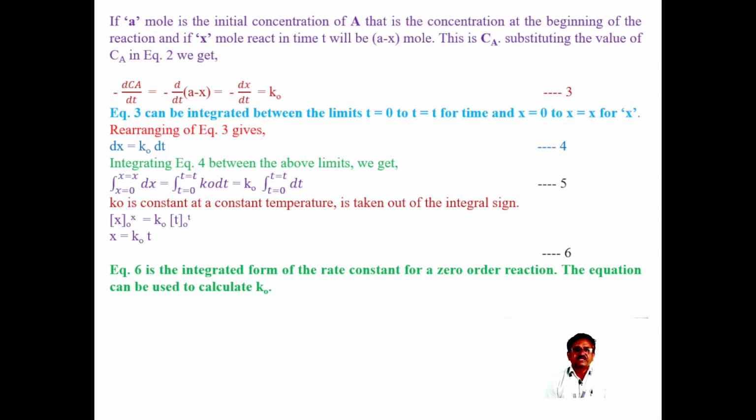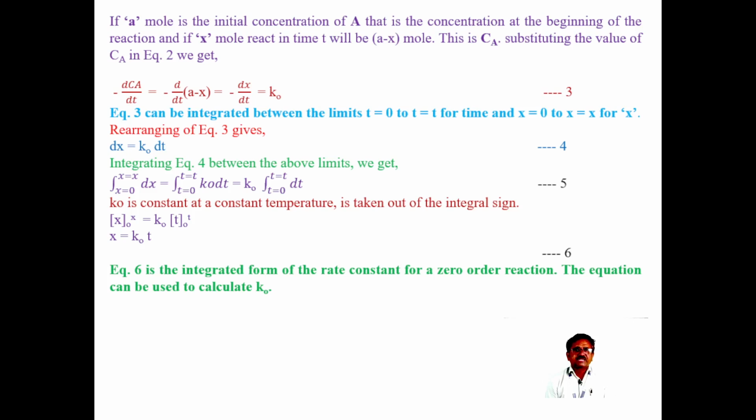I hope you understood that here small a is the initial concentration of A, and small x is the mole reacted in time t, and the remaining concentration after time t will be a minus x mole. Substituting the value of CA in equation 2, we get minus dCA upon dt, that is change in concentration of A with respect to time t, equal to minus d upon dt of a minus x, equals dx upon dt, that equals k0.